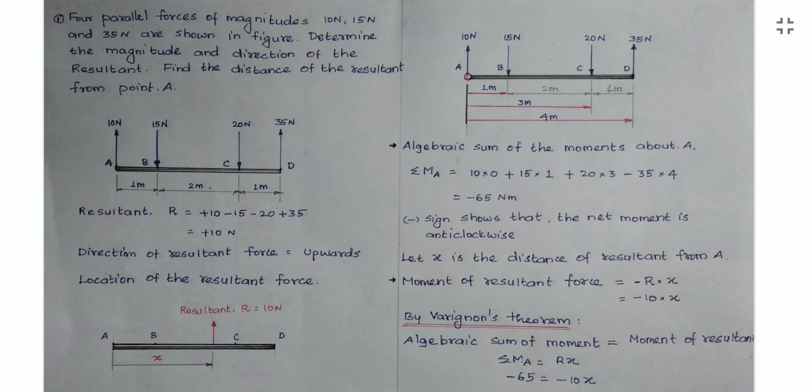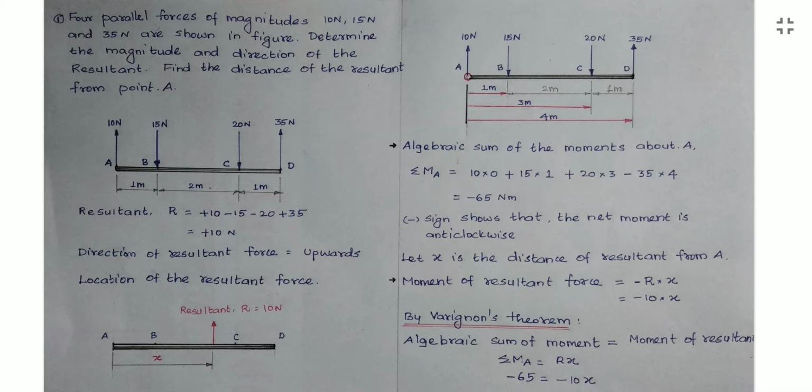Here the forces are parallel, right? All the forces are vertical forces, so we can just add or subtract them. We don't have a horizontal component, only the vertical component. For finding the resultant, this 10 Newton is towards upwards, so plus 10.